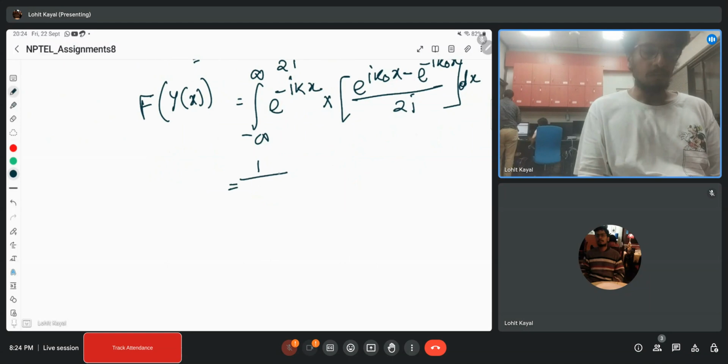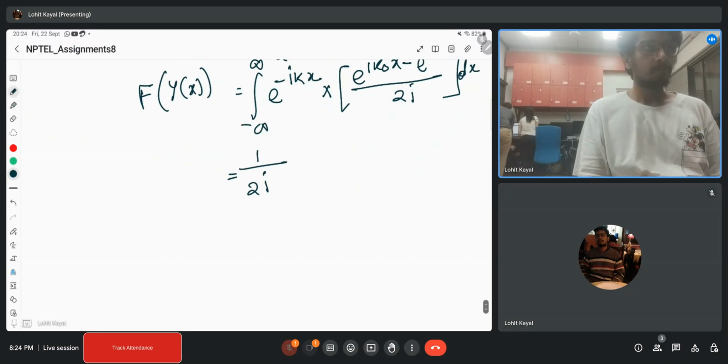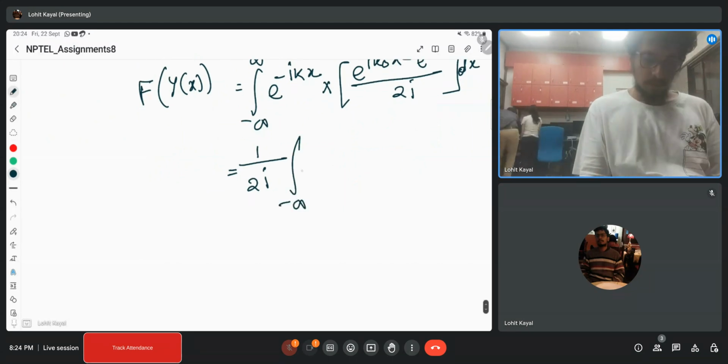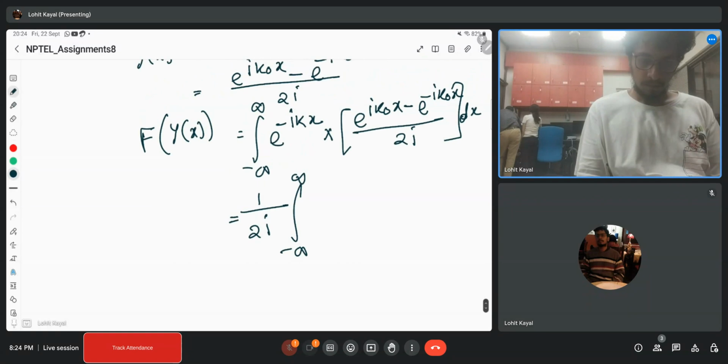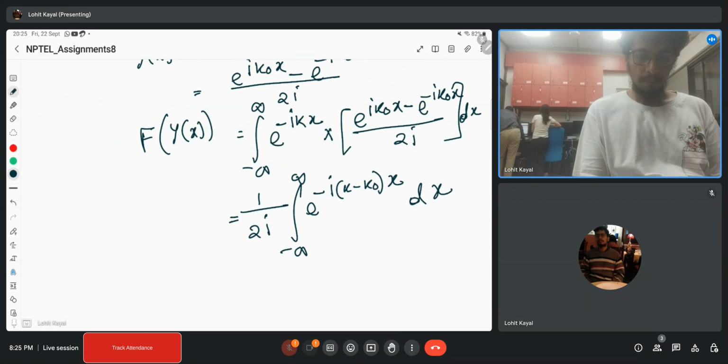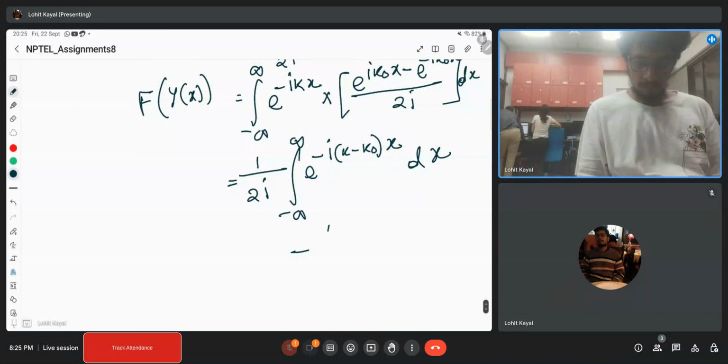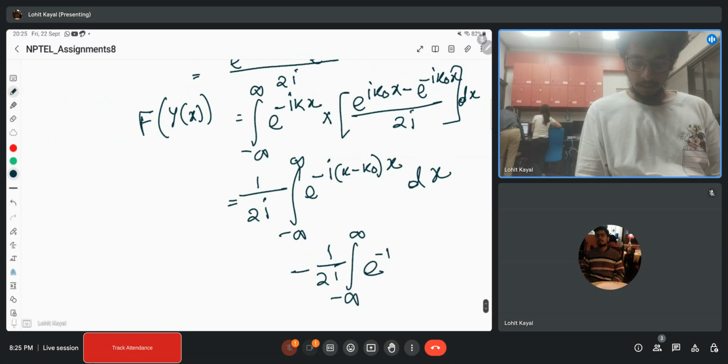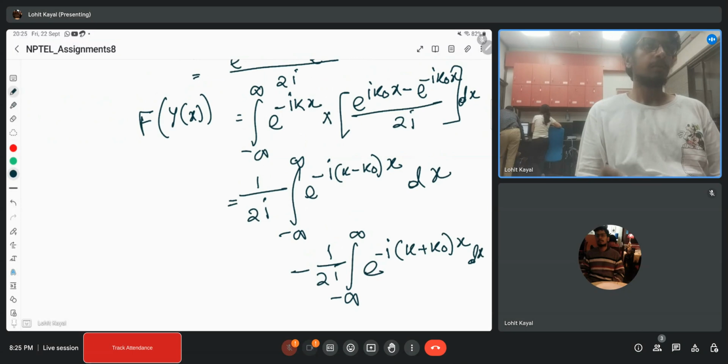So it will be equal to 1 by 2i, integral from minus infinity to infinity of e to the power minus i(k minus k0)x dx, and minus 1 by 2i, integral from minus infinity to infinity of e to the power minus i(k plus k0)x dx.